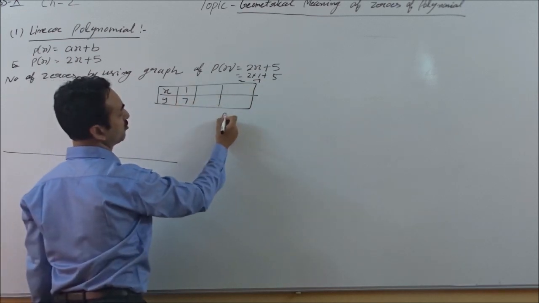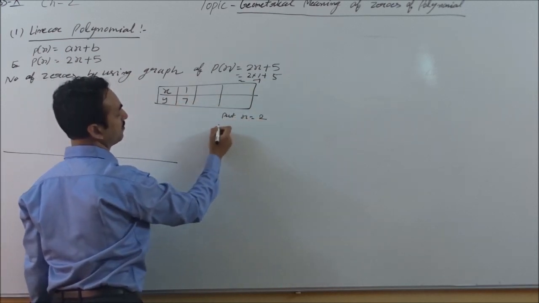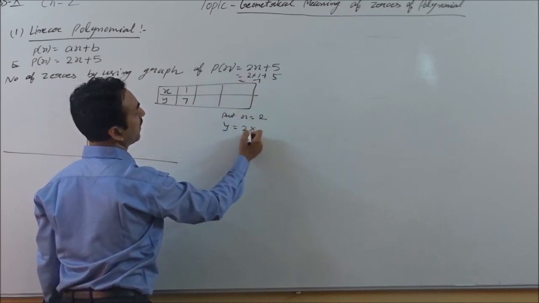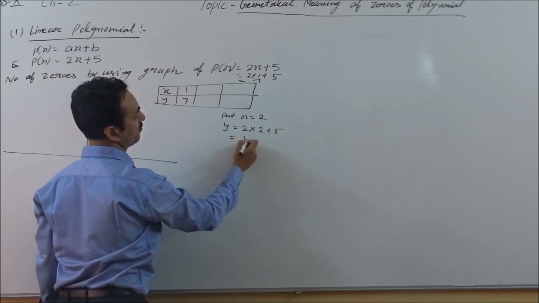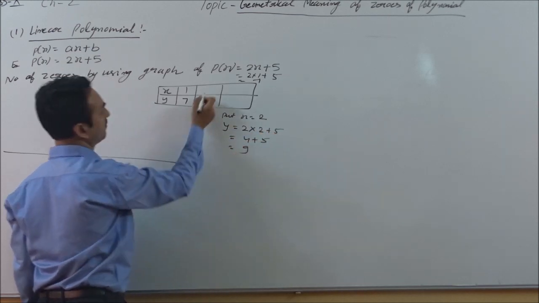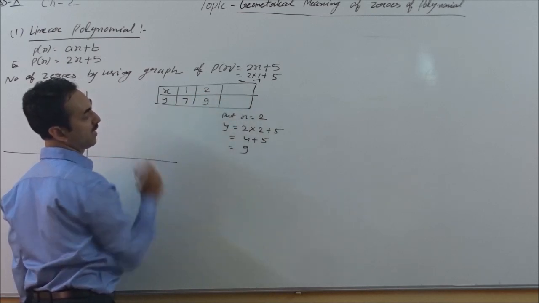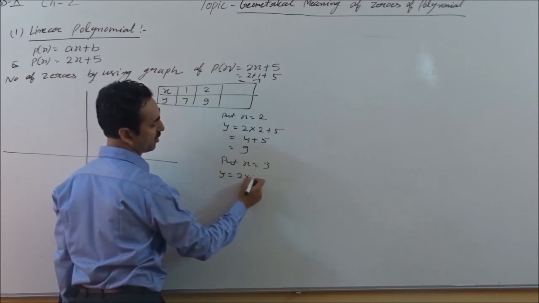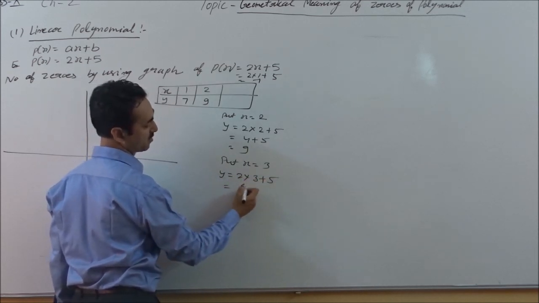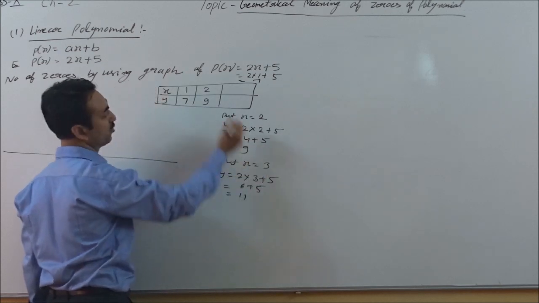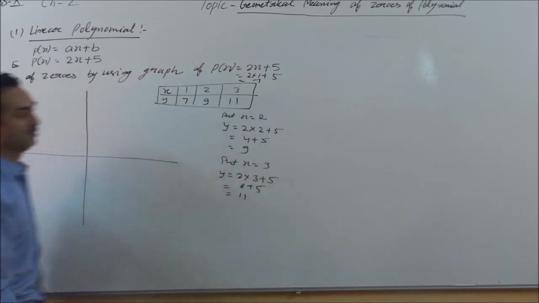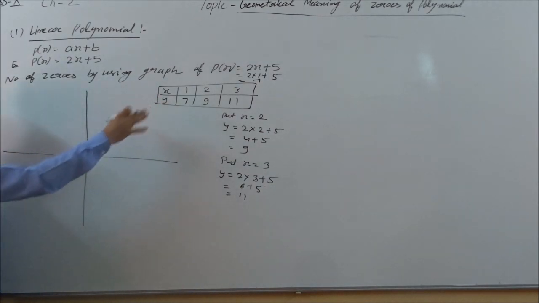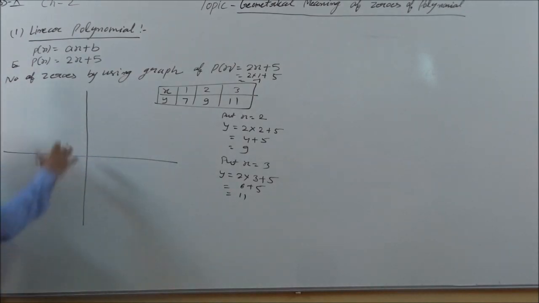If you put x equals 2, then y equals 2 into 2 plus 5, 4 plus 5, 9. So you put x equals 2, you got 9. If you put x equals 3, then y equals 2 into 3 plus 5, 2 threes are 6 plus 5, 11. So you put 3, you got 11. This is how you made the graph of a linear equation in earlier classes.